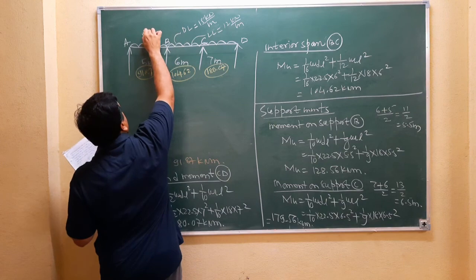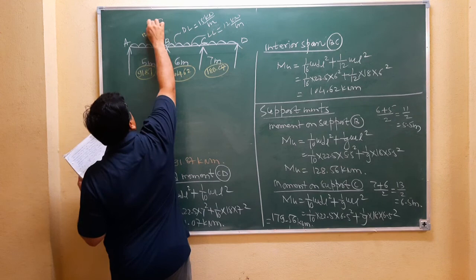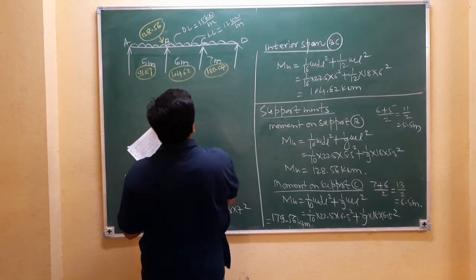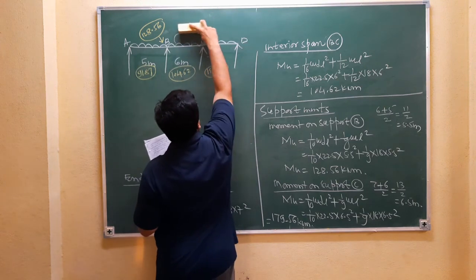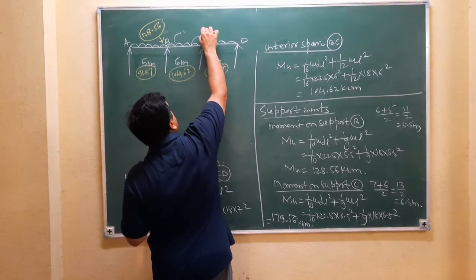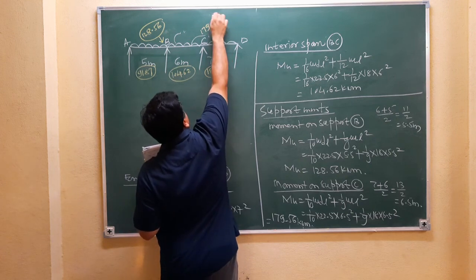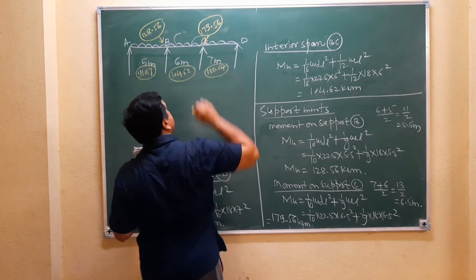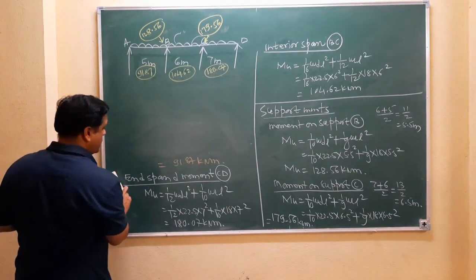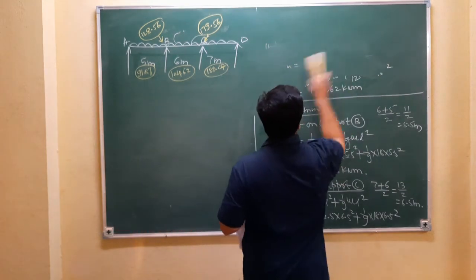So here 128.56 is the bending moment at B, and 179.56 is the bending moment at this support C. So now I will write all these values.